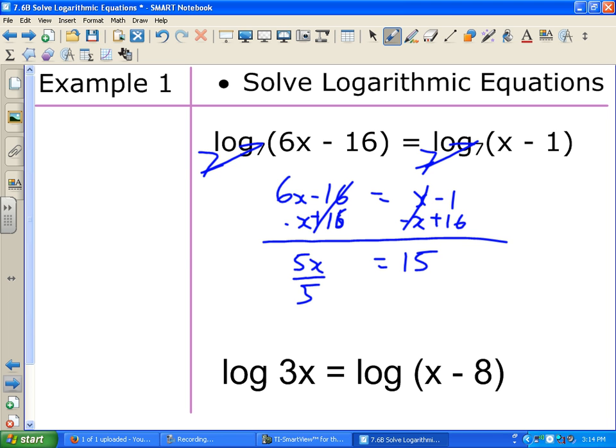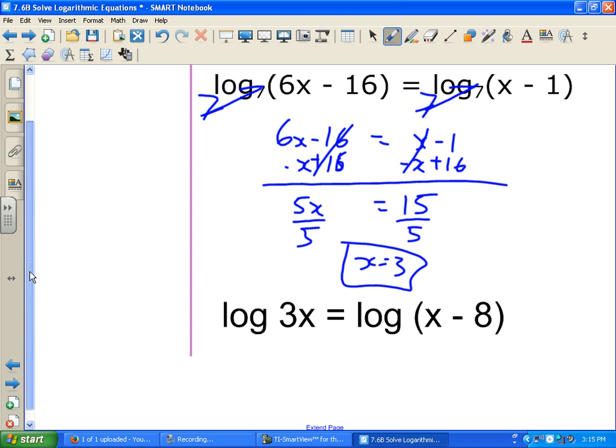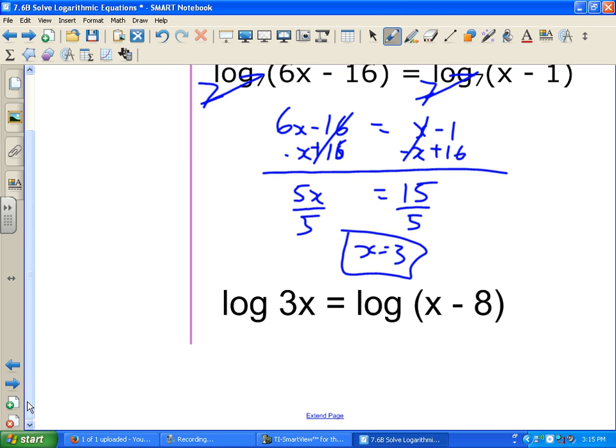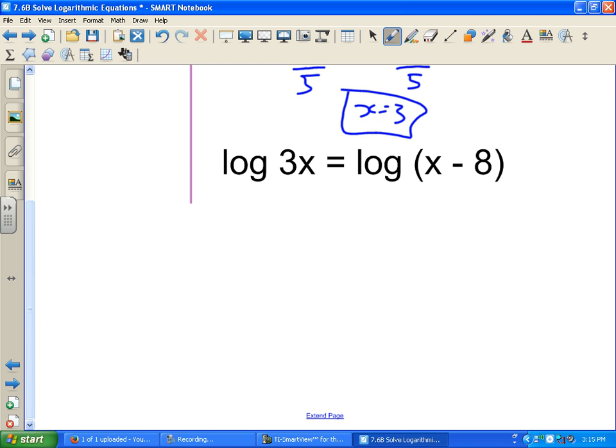Divide both sides by 5. And x equals 3. That's all there is to it. Match up your bases, get rid of your logs, and solve. Name of the game, matching things up. Next example.